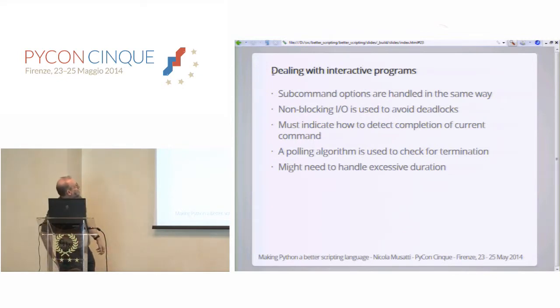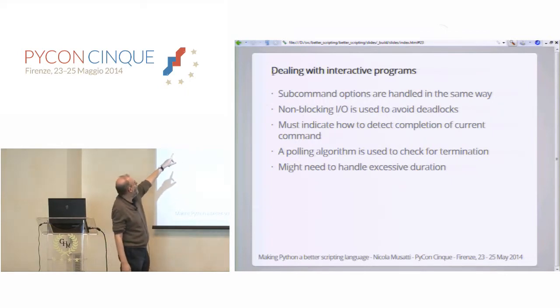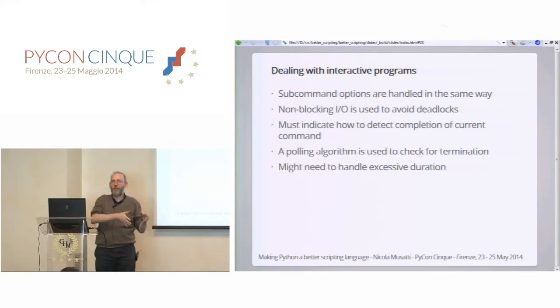However, this makes it complicated to identify when the current command has been fully completed. Because, when you are actually running an external command, you have the exit code, and you know that once you get that, the command has terminated.